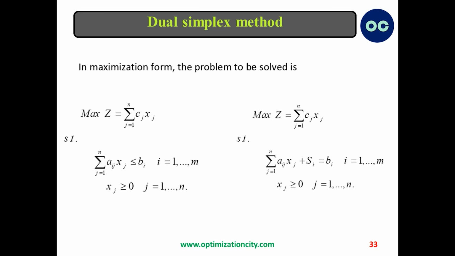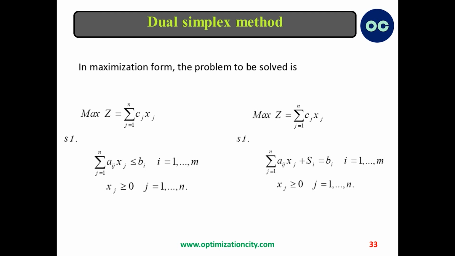The dual simplex method is used for a certain special case. Typically, it's easier to find the initial basic feasible solution rather than the dual feasible solution. However, in situations where making an initial basic feasible solution requires introducing many artificial variables, it may be more convenient to start with a dual feasible solution and employ the dual simplex method.